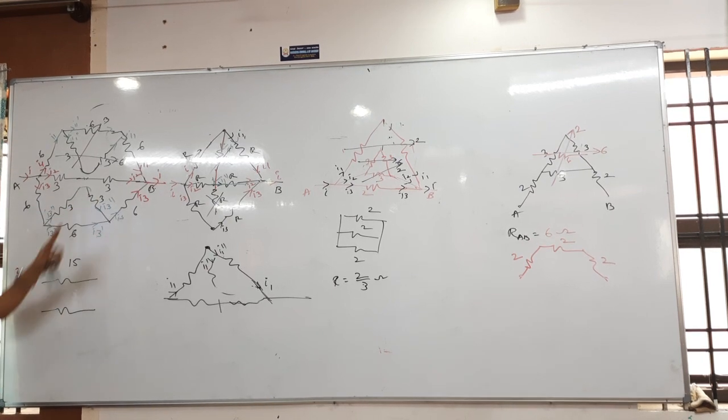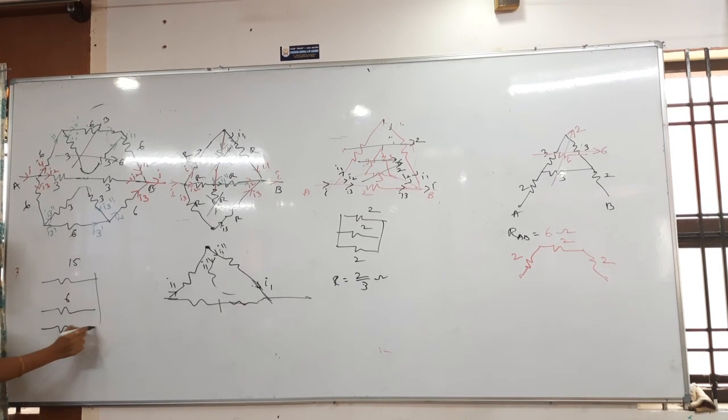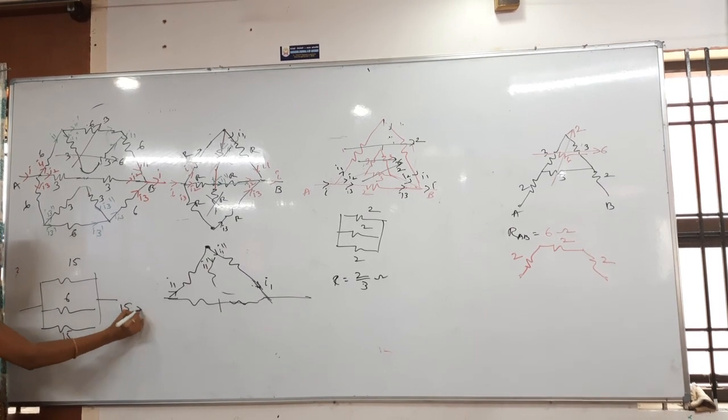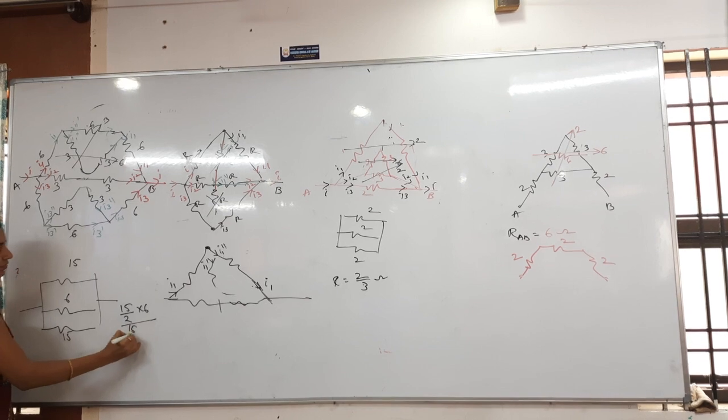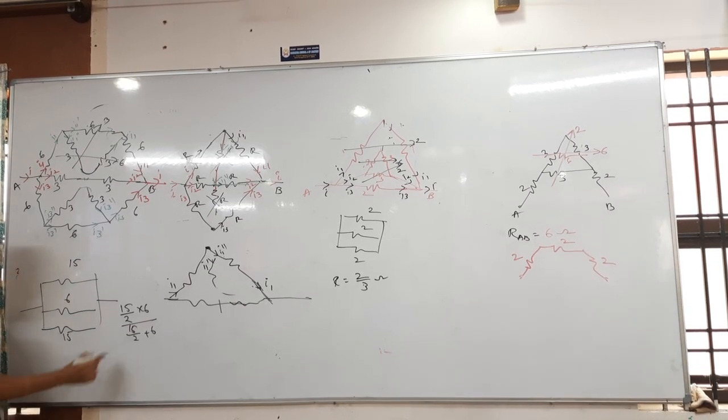So this is 3 and then 3, then how much is it? 6. Then down also again how much? 15 only. Then my answer is wrong. That is 15 by 2, nothing but 7.5, otherwise 15 by 2 into 6 by 15 by 2 plus 6. How much is the answer?